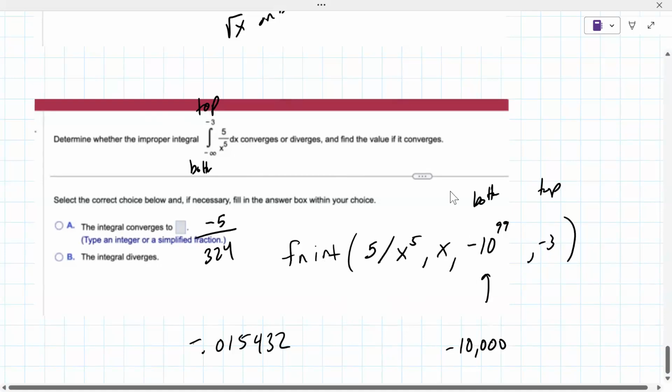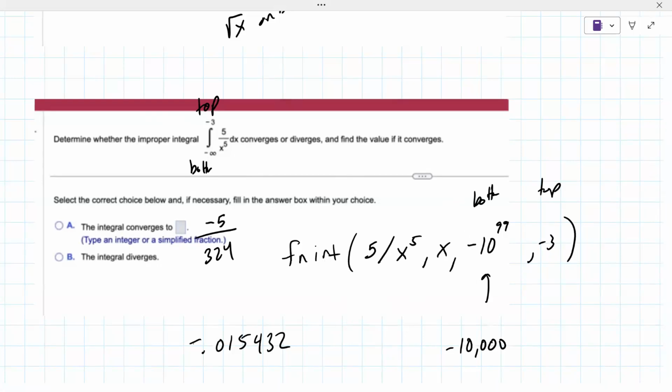I can show it on my calculator, I guess, if I need to. Let me try it. Math 9.